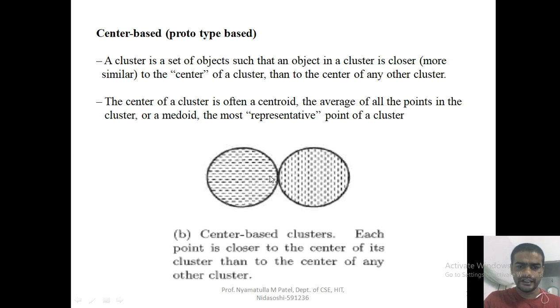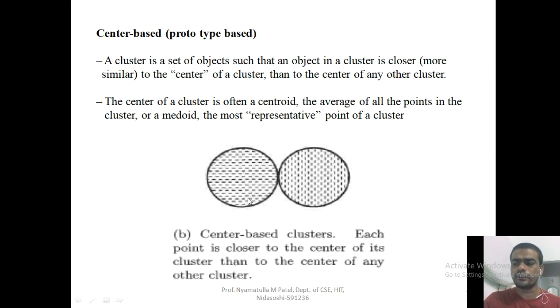Here, even though these two clusters are very near to one another, the points in this cluster are similar to the center of this cluster, and they are different from this cluster.